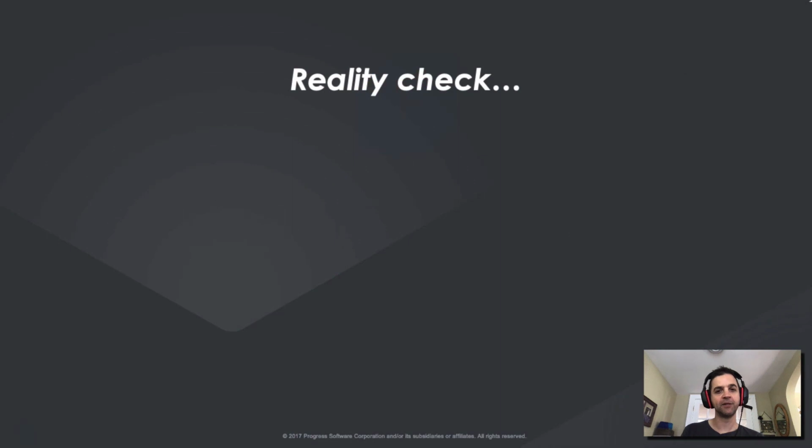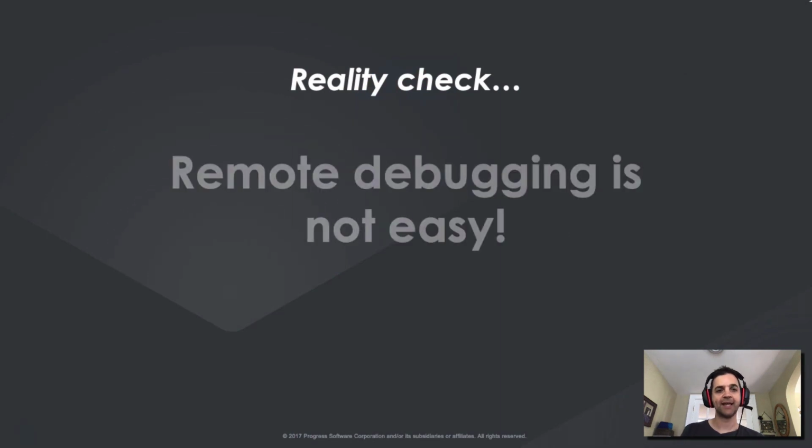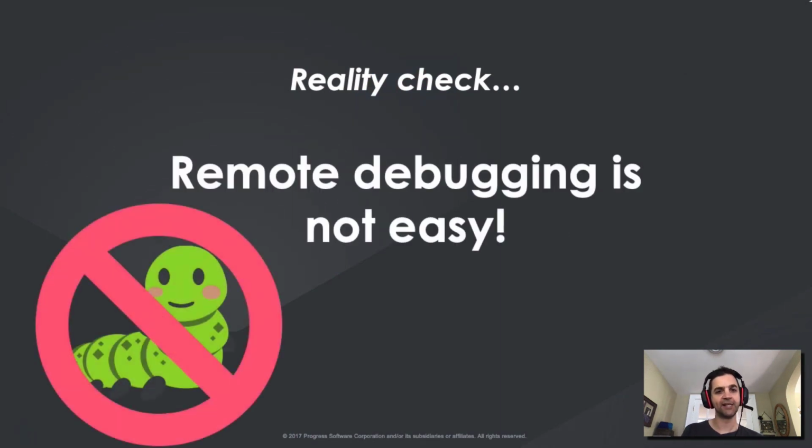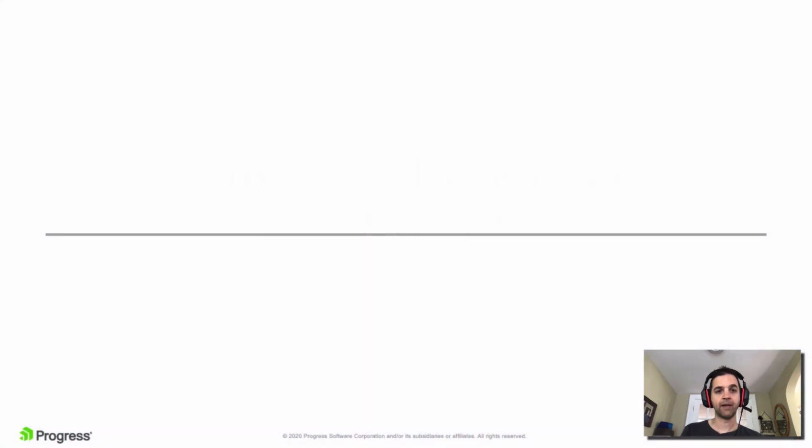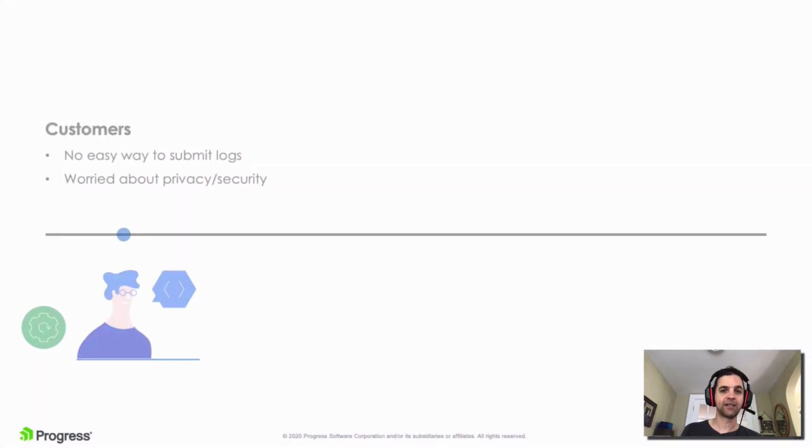And that has a little bit to do with the unfortunate reality that remotely debugging issues you receive from customers is not easy. Maybe that person is working from home like many of us now, or on an unfamiliar network, or in their office behind a corporate firewall. There are a myriad of network scenarios that directly lead to problems that we need to effectively diagnose. To really diagnose these issues, frankly, it's not easy for customers as they have no easy way to submit their network log files, especially for non-technical users.